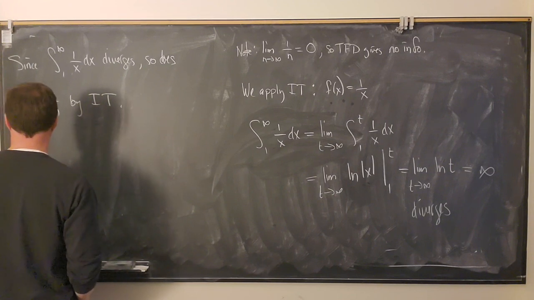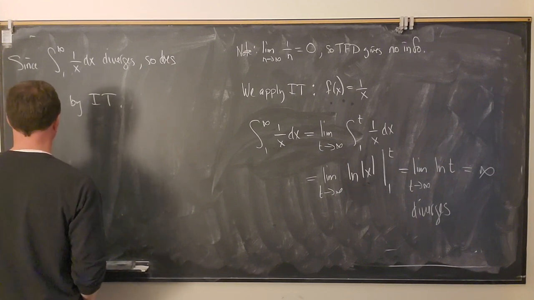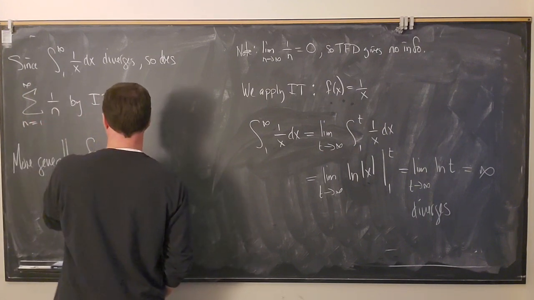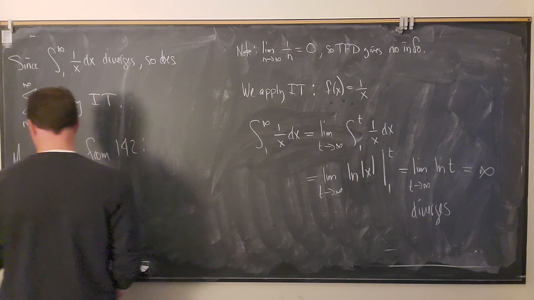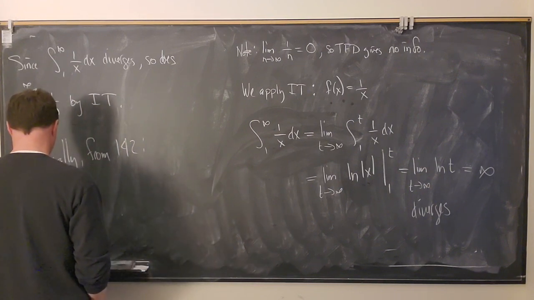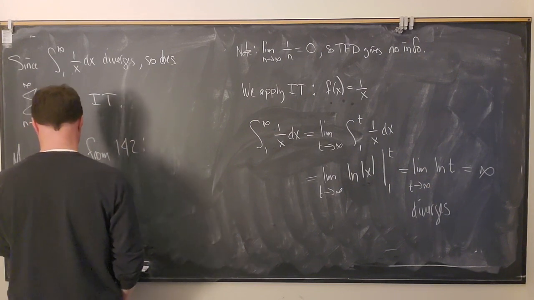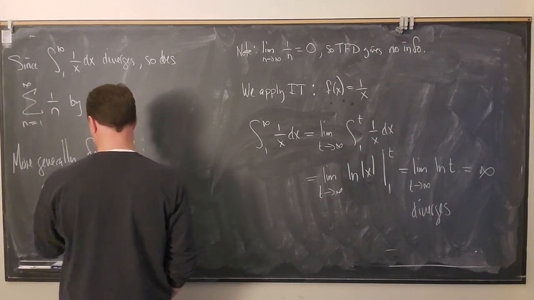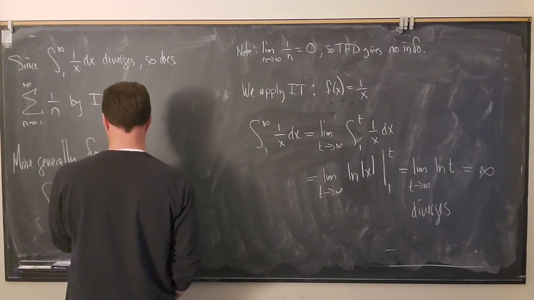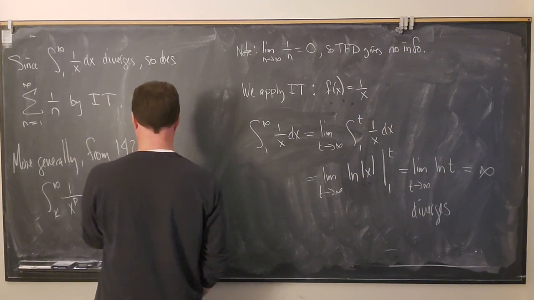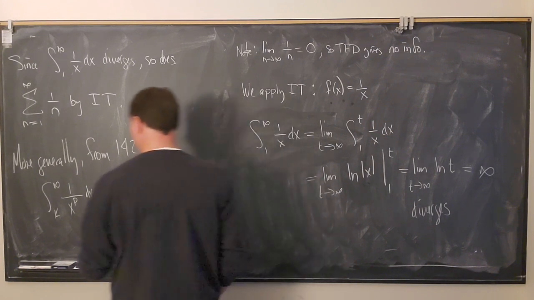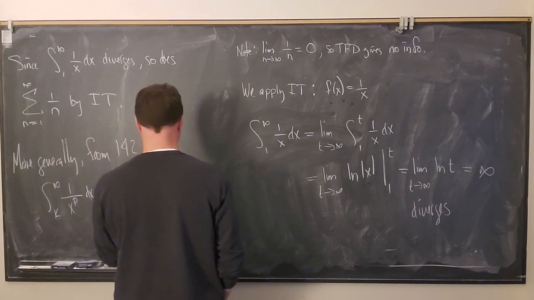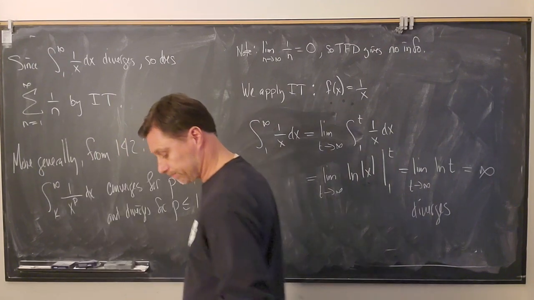So let's say this now more generally. From Math 142, you know this: the integral from, let's say, k to infinity of 1 over x to the p dx converges for p strictly greater than 1 and diverges for p less than or equal to 1.